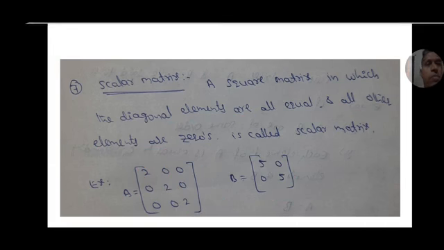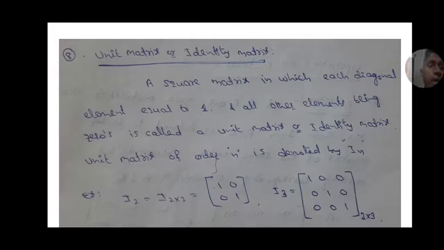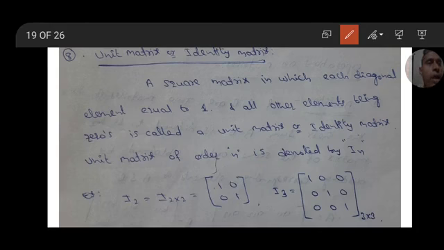Next, unit matrix or identity matrix. A square matrix in which each diagonal element is equal to 1 and all other elements are zeros is called a unit matrix or identity matrix.